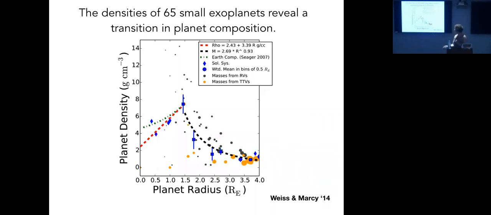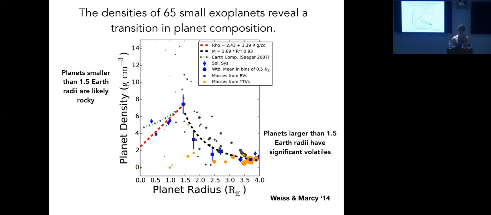For planets that are smaller than 1.5 Earth radii, planet density tends to increase with increasing planet radius in a manner consistent with the compression of rock, meaning that these likely have rocky compositions. Above 1.5 Earth radii, planet density decreases with increasing planet radius, which we interpret as an increased admixture of volatiles.